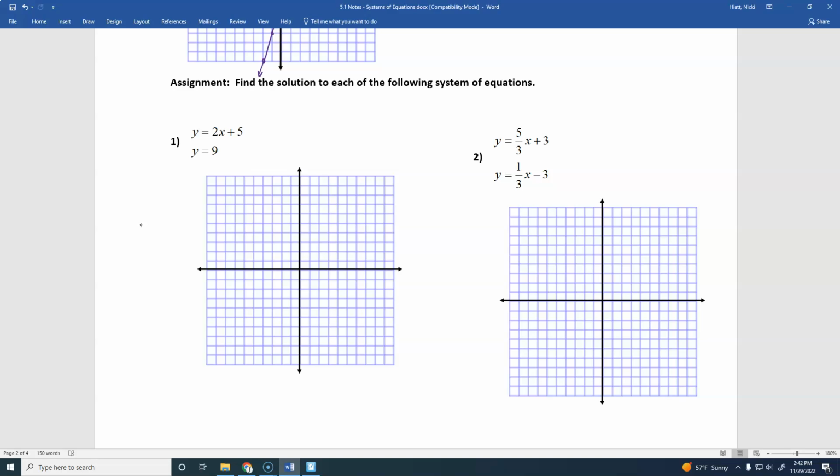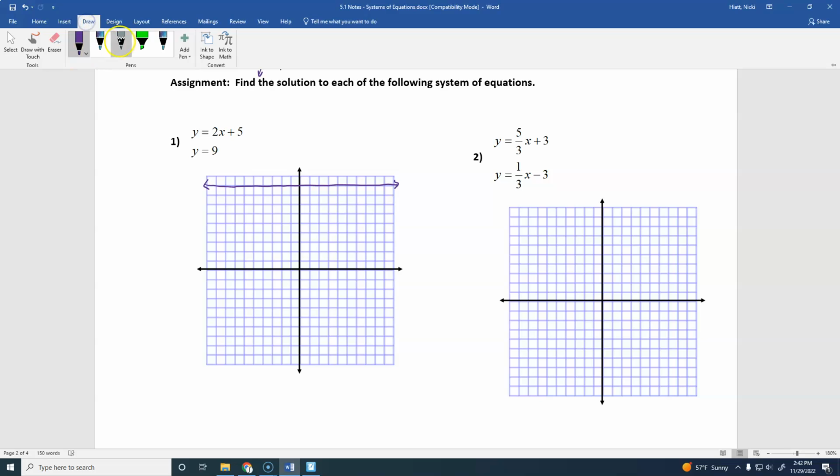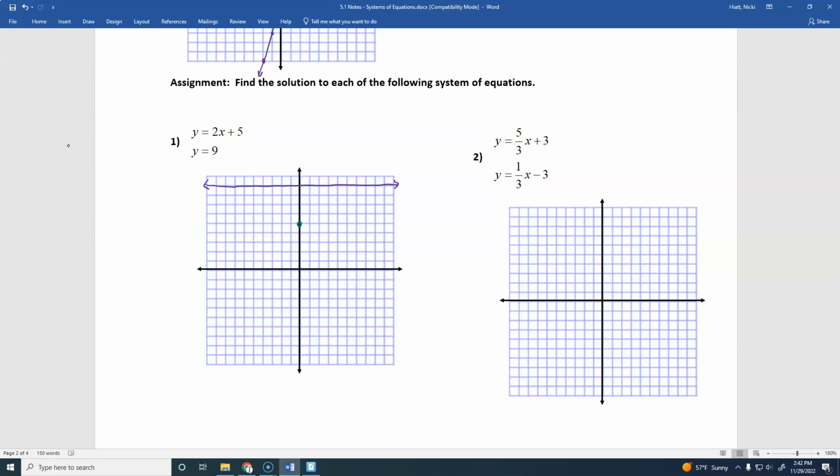So if I've got y equals 9, what type of line is it? Is it vertical or is it horizontal? Horizontal. Right here at 9. Let me use a different color for the other line. The other line has a y-intercept at 1, 2, 3, 4, 5.